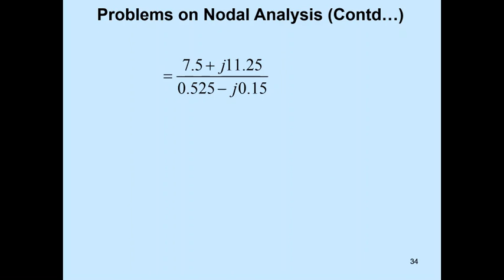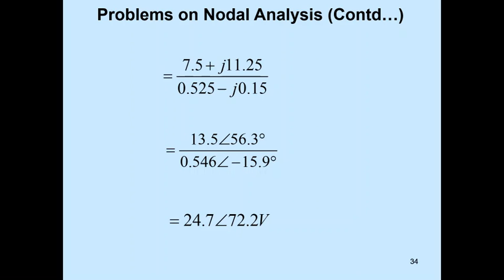That is 7.5 plus J 11.25 divided by 0.525 minus J0.15. So that equal to 24.7 at an angle of 72.2 volts.